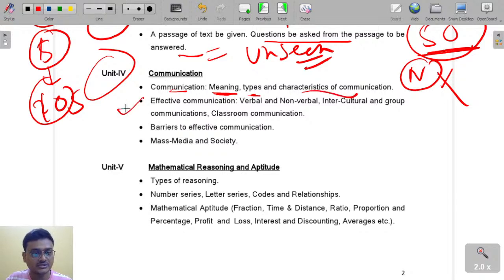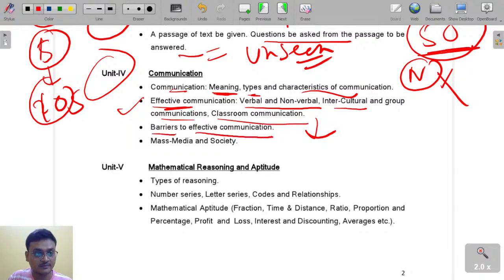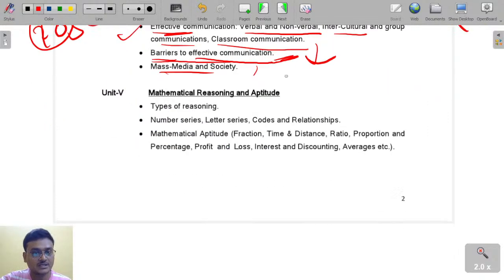Effective communication, how can communication be effective? Verbal and non-verbal communication, intercultural and intracultural communication, how classroom communication works. What are the barriers to effective communication? Then mass media and society. These are all things you need to cover. I'll be covering everything one by one in the upcoming classes.